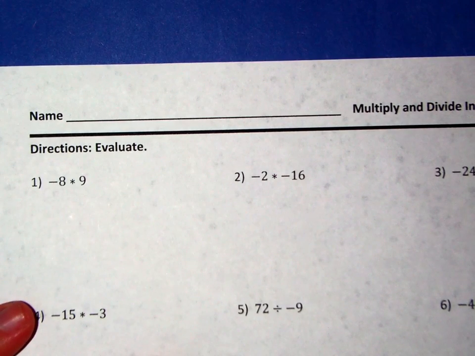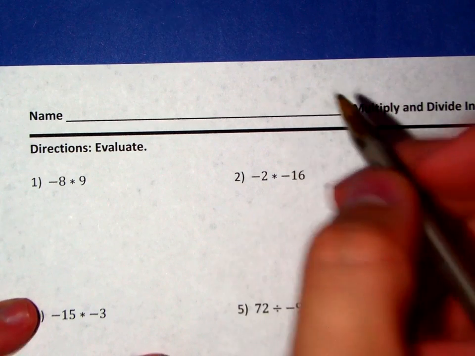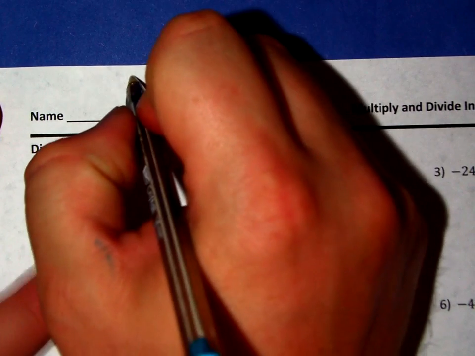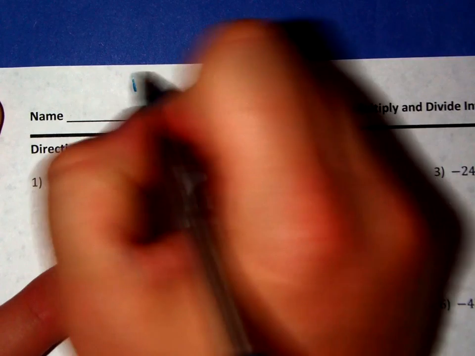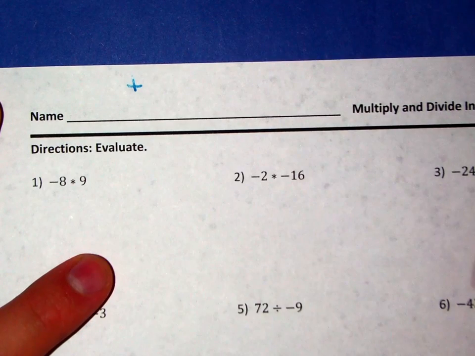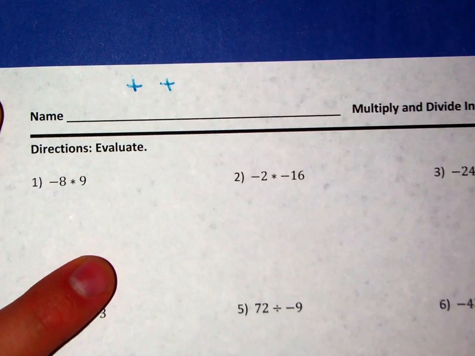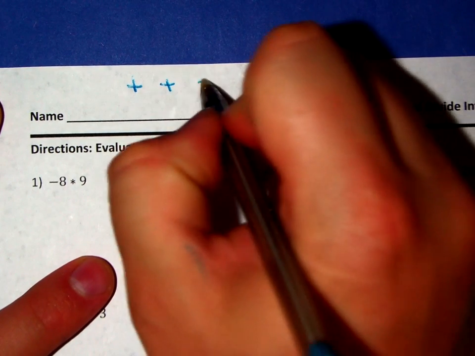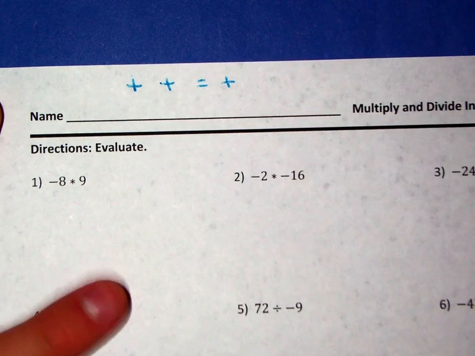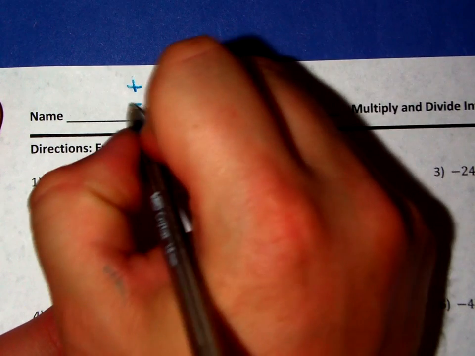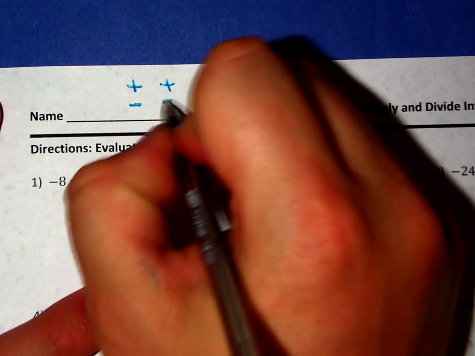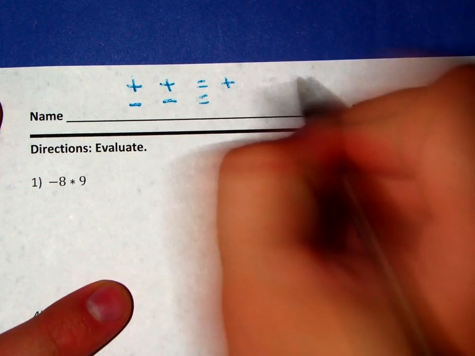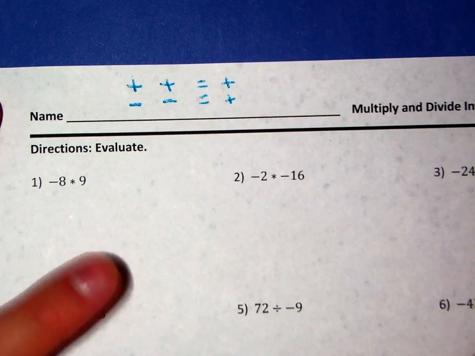So first, let's go over what our integer rules are for multiplying and dividing. And you've all heard this. Anytime you multiply a positive number with another positive number, you will get a positive solution. If you multiply a negative number times a negative number, you will get a positive solution.